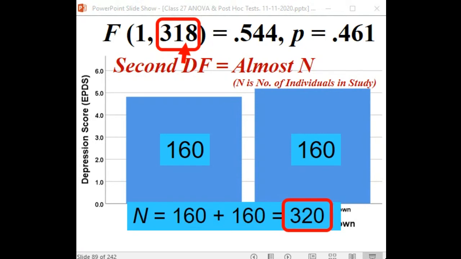So n, the total number of women in the study, is 160 plus 160, which is equal to 320. Now, the second degree of freedom is 318, which is just a little less than 320. So yes, this fits with what we saw earlier. The second degree of freedom is a little less than n.